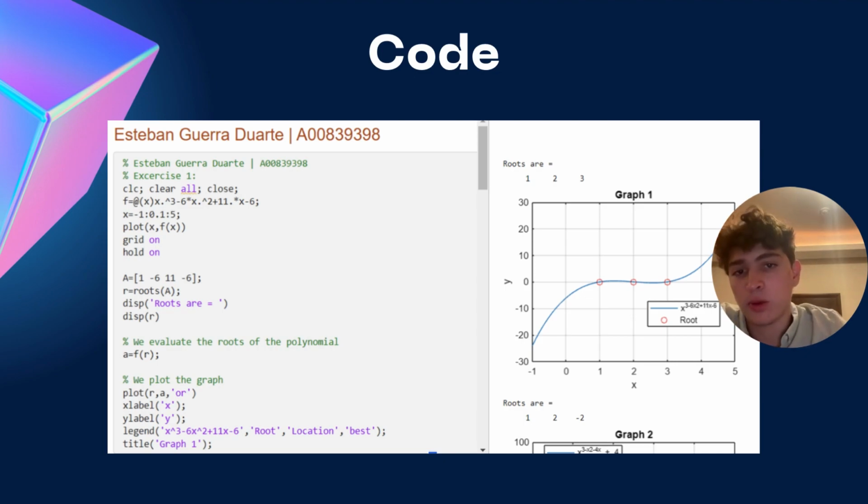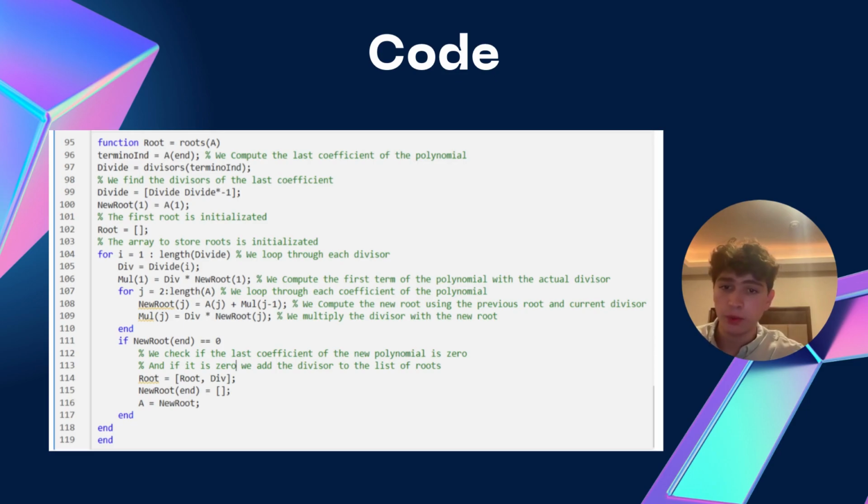And then we finalize the plot, and with the final result, we can see in the graph everything we needed. It is very important to notice that for this exercise, to find the roots of the polynomial, first we need to define the root finder. And we have the code to define it. It's divided into steps. First we define the root, then we identify the last coefficient, as we can see there.